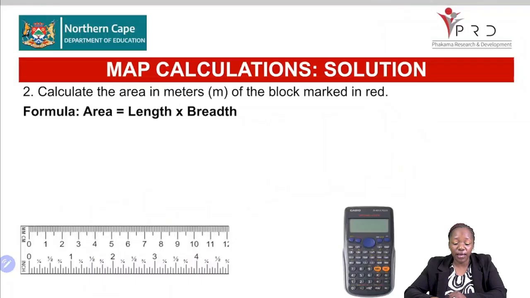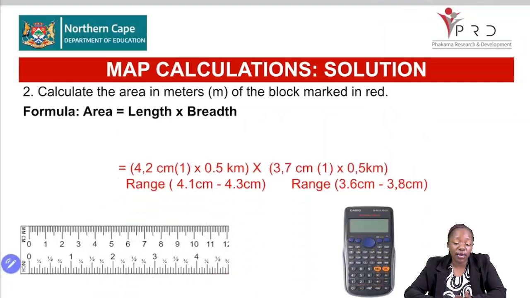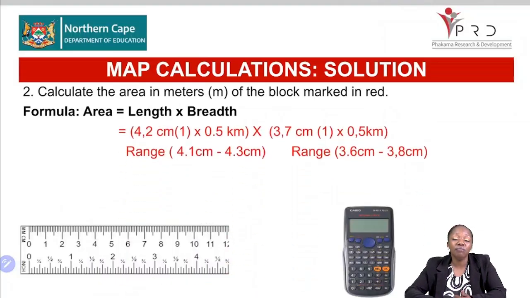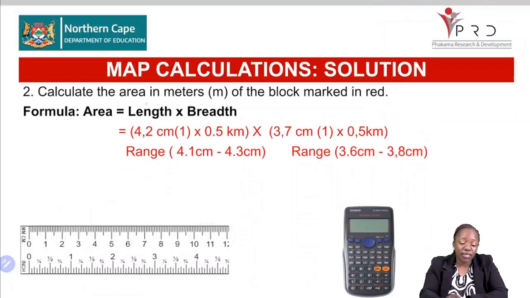Right? Looking there, for your area, again, you need your ruler, 30 centimeter ruler, and you need your calculator. So what you do, you are given the formula, which is area is equal to length times breadth. So here, you first calculate the length alone.